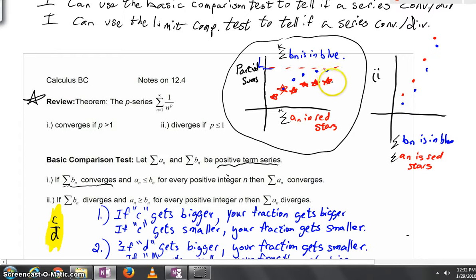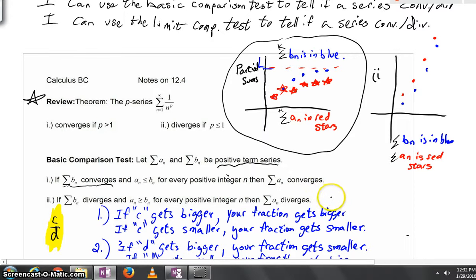They're going to have to level off. They're not going to have the freedom to shoot off towards infinity because those partial sums in red are smaller than the partial sums in blue. And if the partial sums in blue for b sub n level off, it forces a sub n to level off as well. That's really the big idea of the basic comparison test.